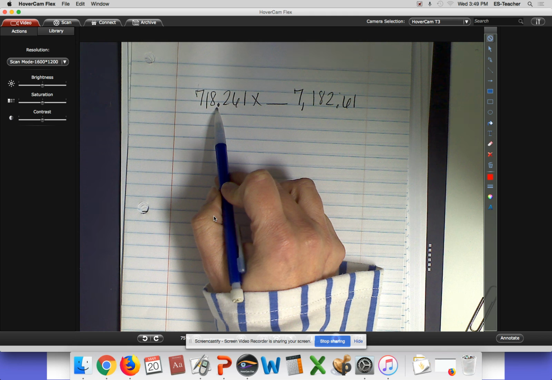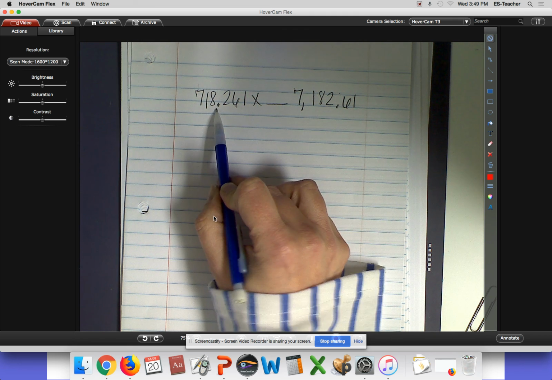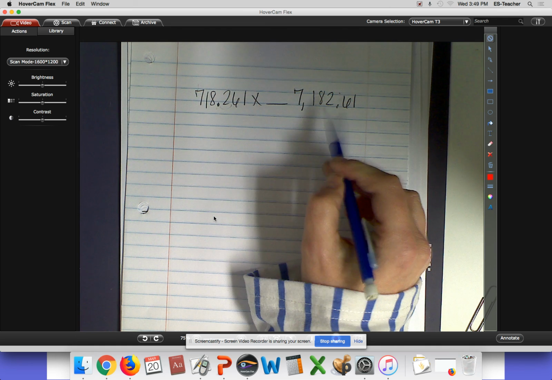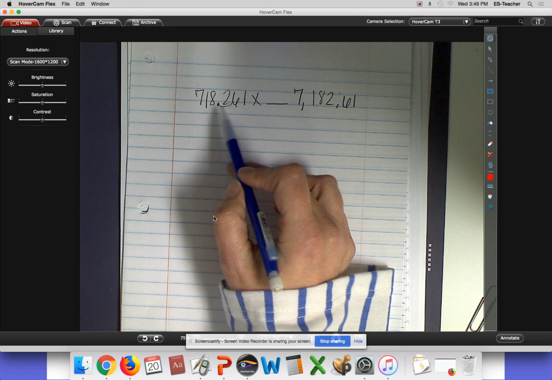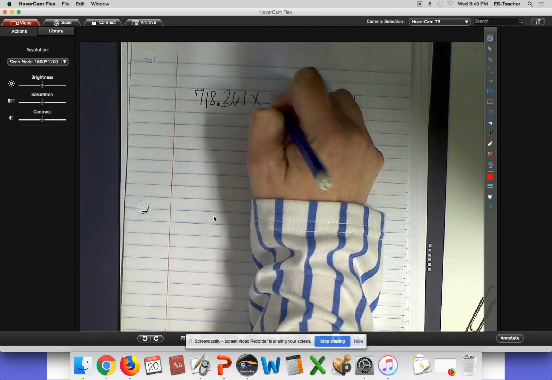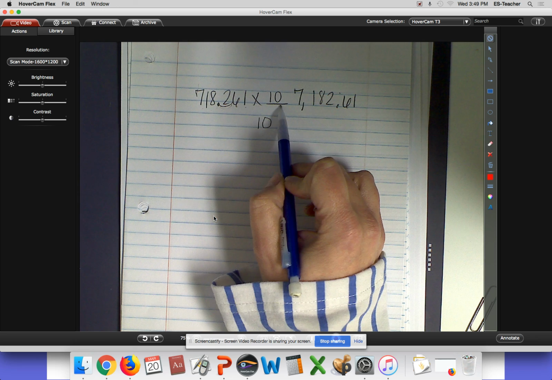You have to compare where the decimal is. It looks like it went to the right one time, so wouldn't that be times 10?